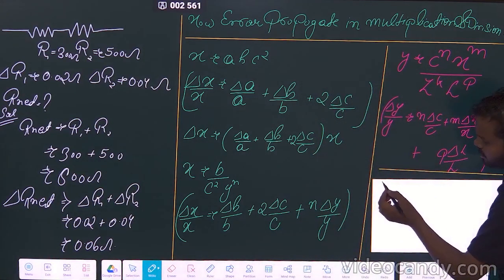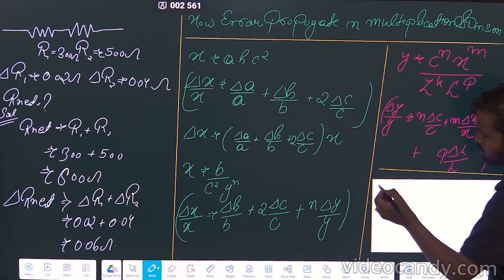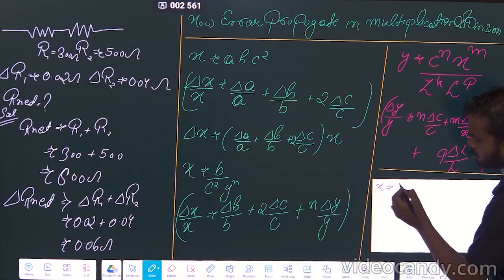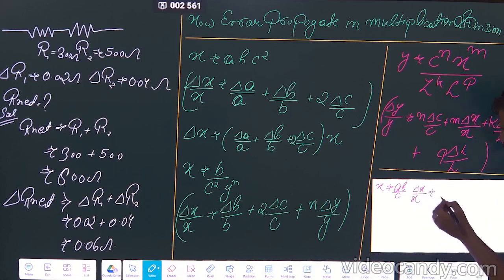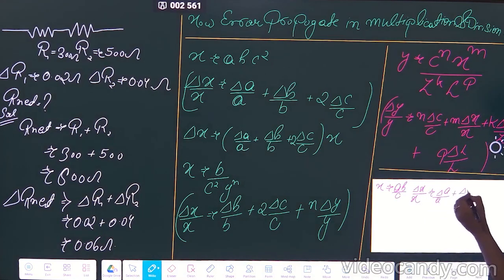Suppose I take, for simplicity, because I want to tell you something, x is equal to a, b, c. So I can write delta x by x is equal to delta a by a plus delta b by b plus delta c by c.